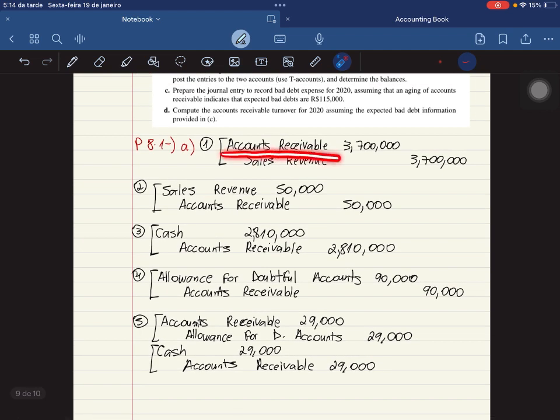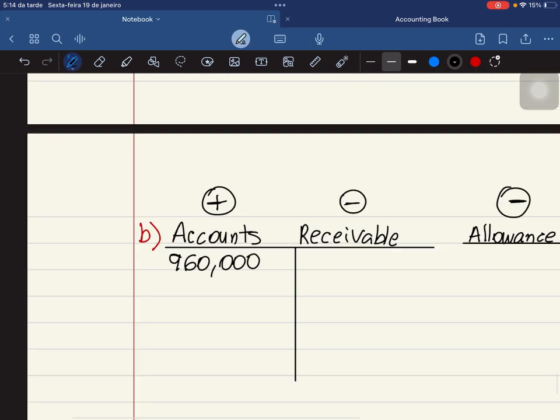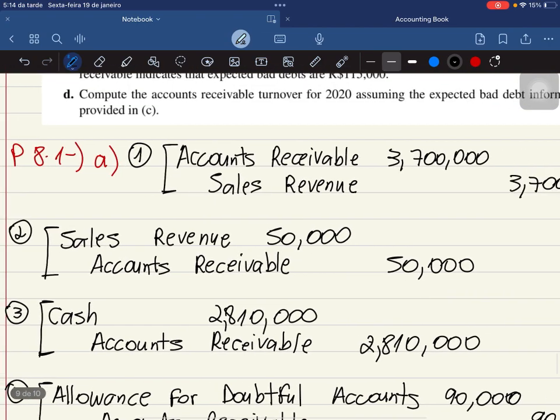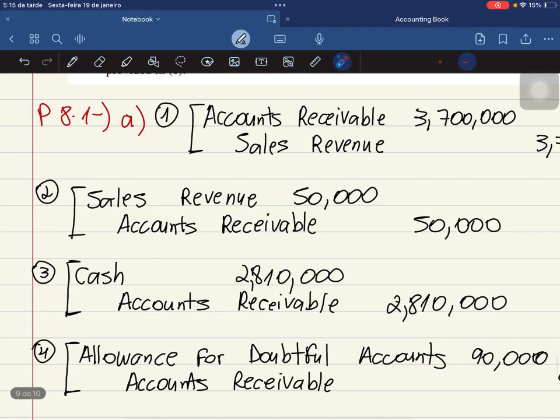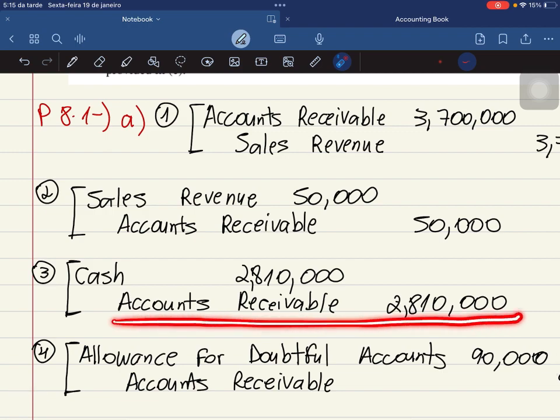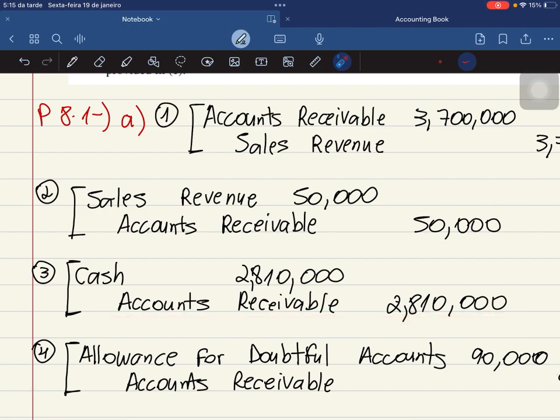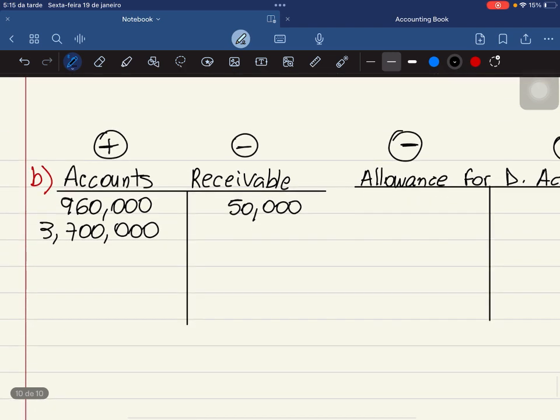Accounts receivable, debit of 3,700,000. Okay, and then we had a credit of 50,000. Credit of 2,810,000.